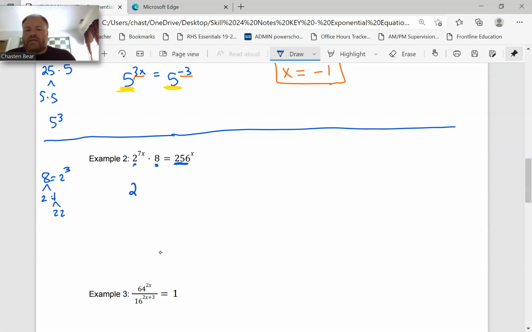So what I'm going to have here is 2 to the 7x times 2 to the third. Now for the 256, I know that, and this is just personal knowledge, 16 times 16 will get me 256.